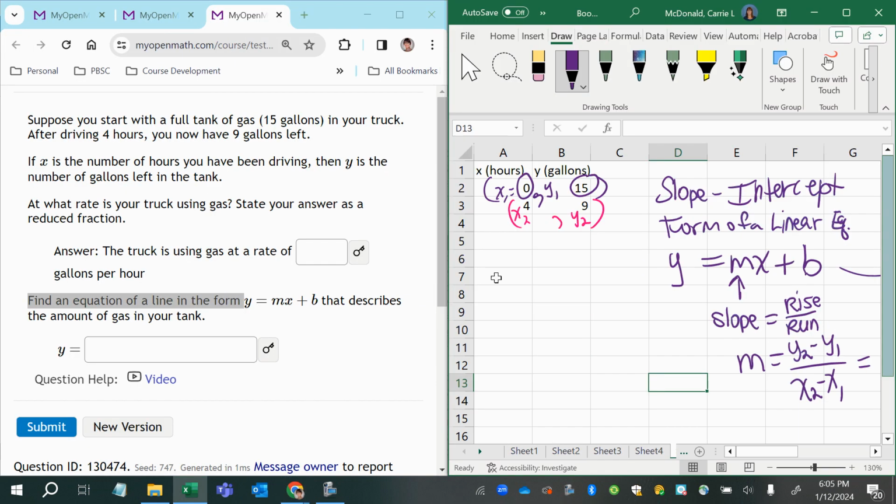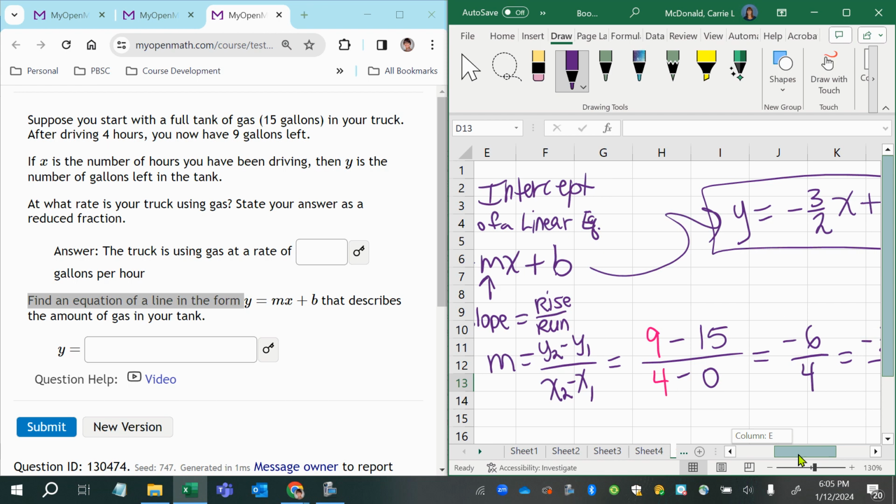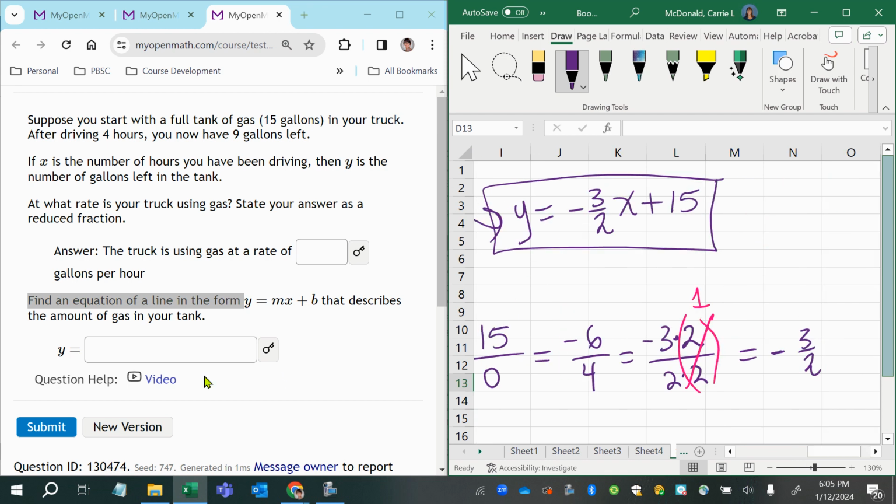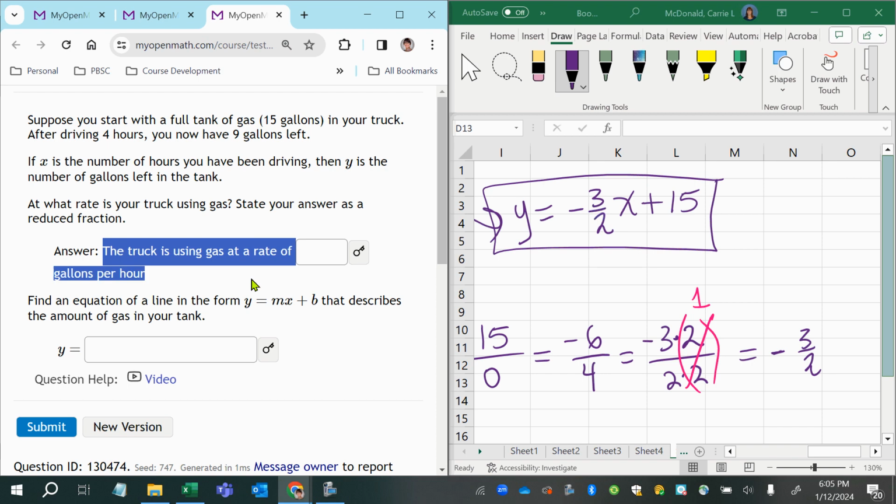Let's go back to the problem. So notice the truck is using gas at a rate of gallons per hour. Now, why should I know that the answer needs to be gallons per hour? Because it says gallons per hour, right?